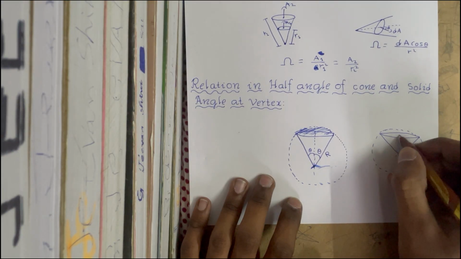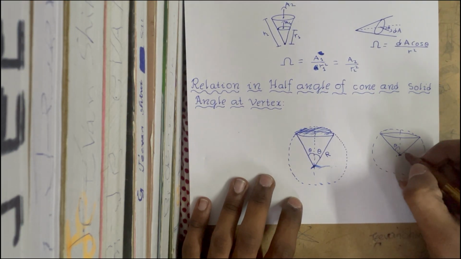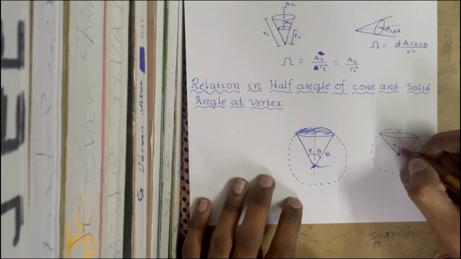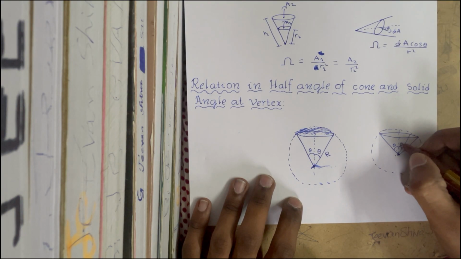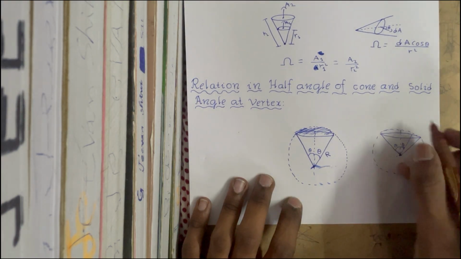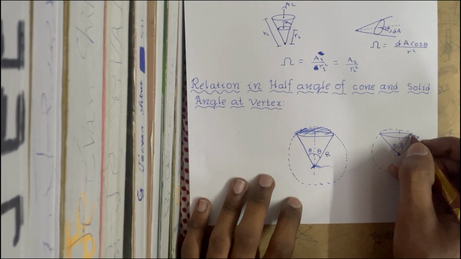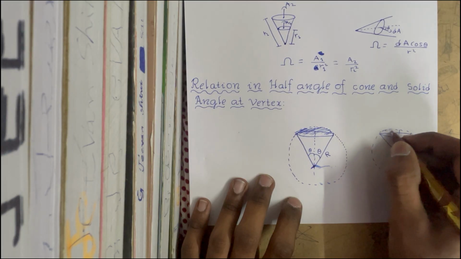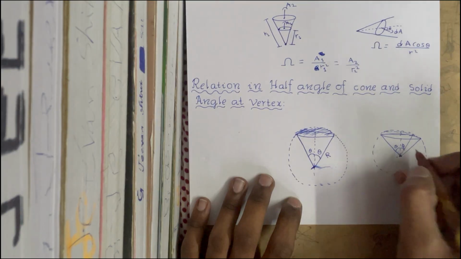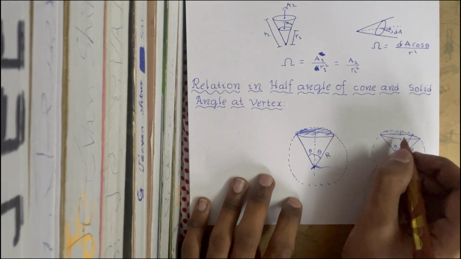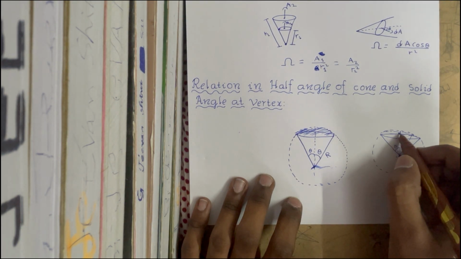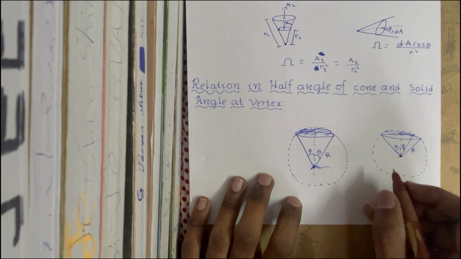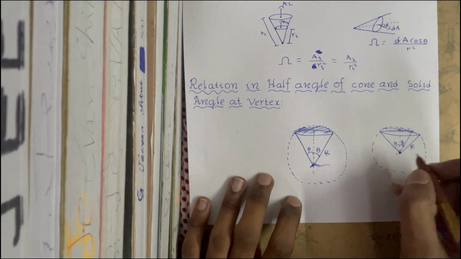So this is theta. Let's assume that from here, at an angle phi, there is an elemental ring. By trigonometry, the radius of the elemental ring is r sine phi, right?